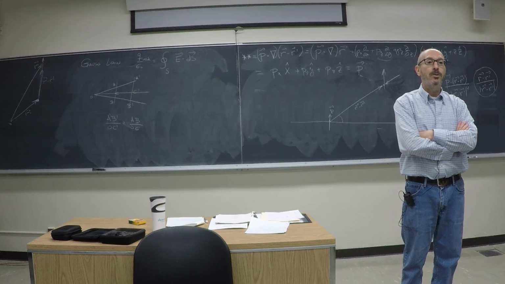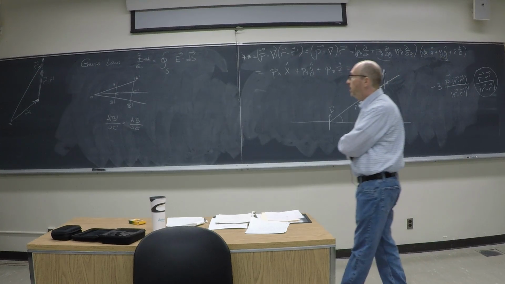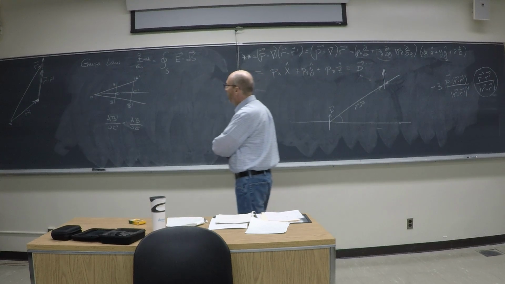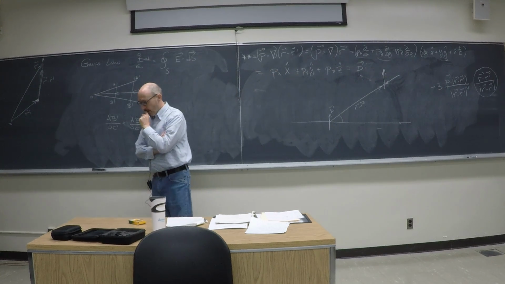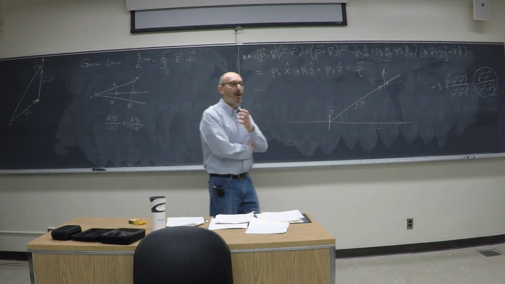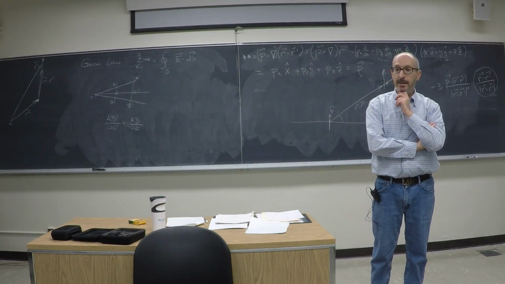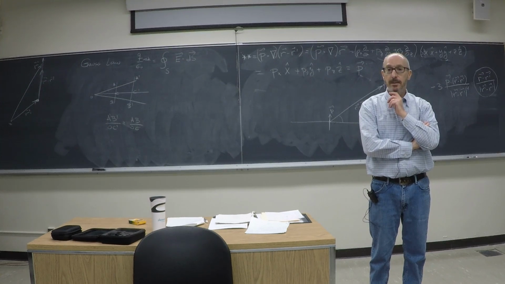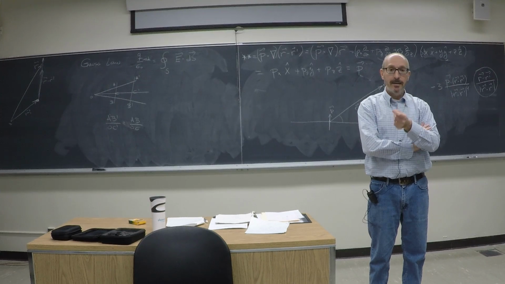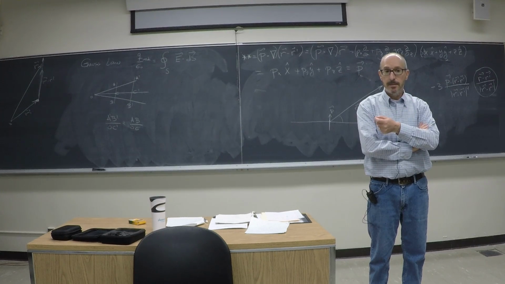Let me just first tell you about the concept. All of you know how you define a radian, right? A radian is, for example, the arc length divided by the radius.